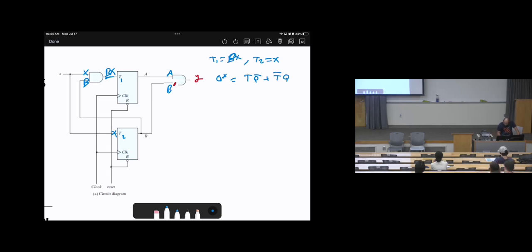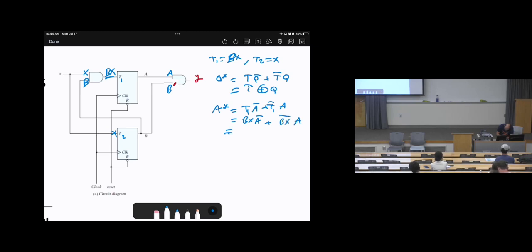Which is in the same way, just T exclusive OR with Q. So let's substitute for the first one to find A star, which is going to be T A bar plus T bar A. Substitute T with BX, which is T1 of course: BX times A bar plus BX all bars times A.